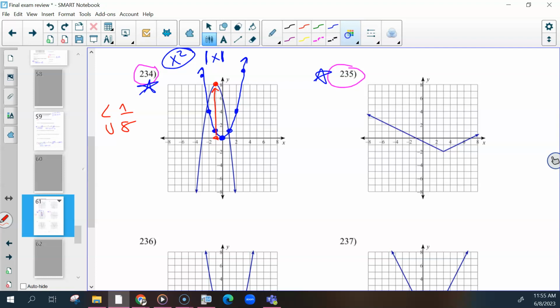So that happened. Anyone else see anything else that happened? Not compressed, but stretched. So it vertically stretched.